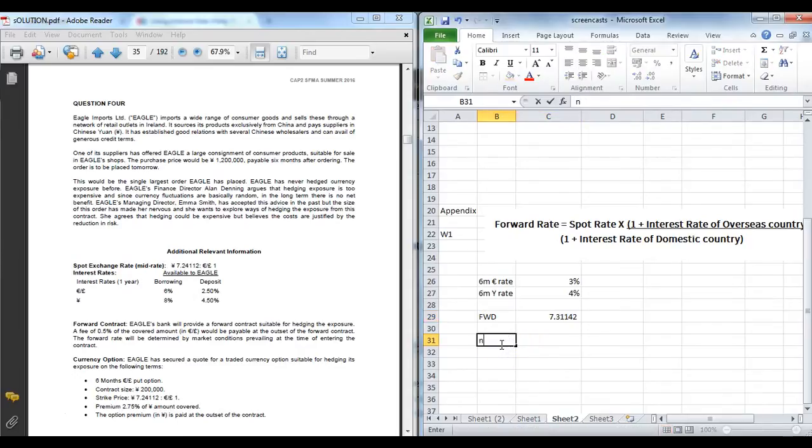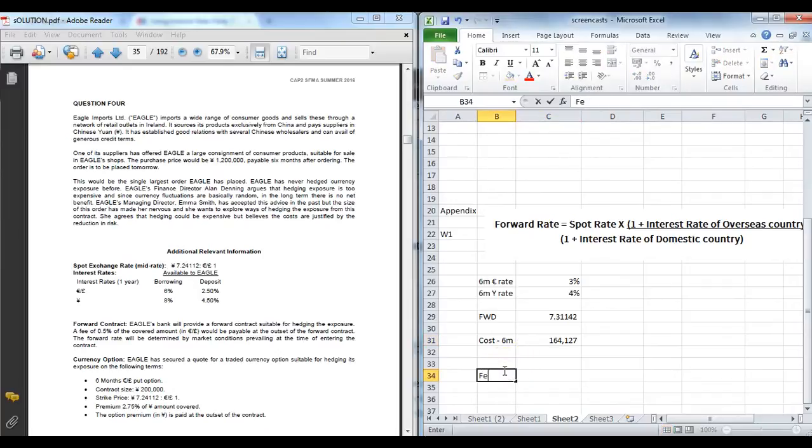So that means then the cost in 6 months will be 1.2 million divided by 7.31142. So the net cost in 6 months time will be 164,127. Now remember, there is an additional cost in there as well.